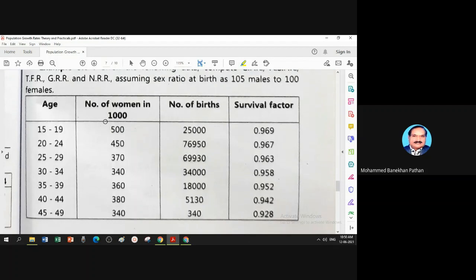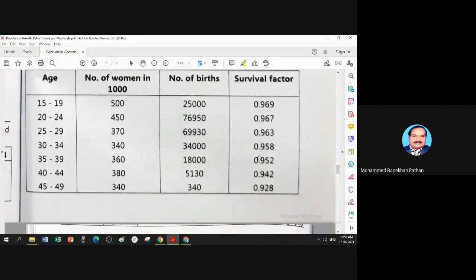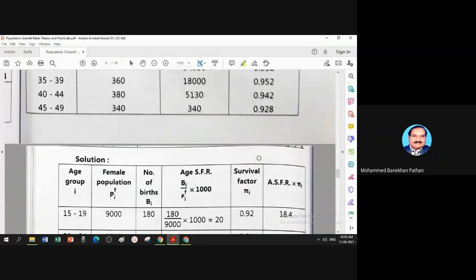Age group, number of women in thousands, so this is multiplied by thousands. Number of births, survival factor. We'll try to solve one by one.